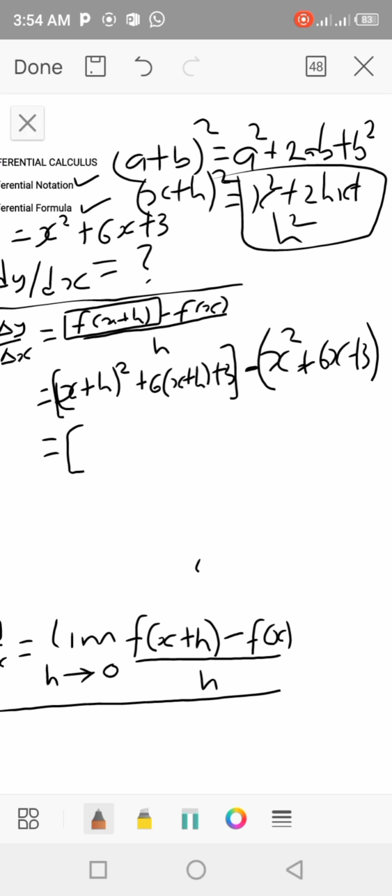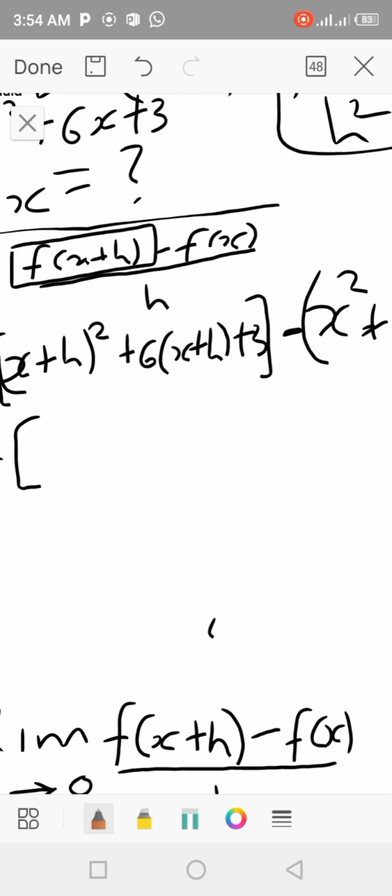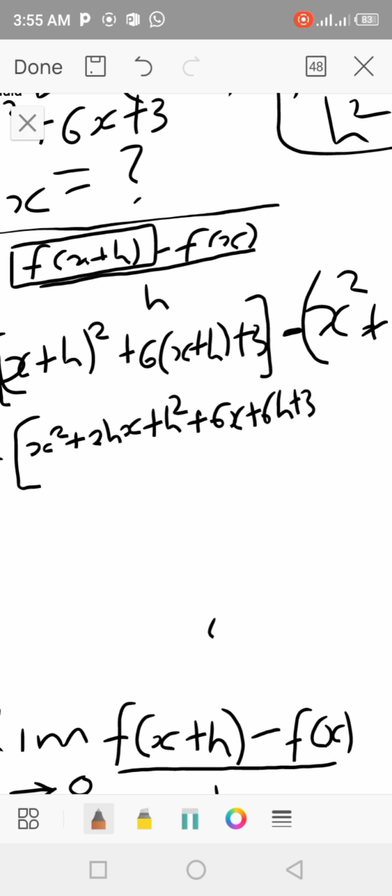So now you have x squared plus 2hx plus h squared, then plus 6x plus 6h plus 3, right?